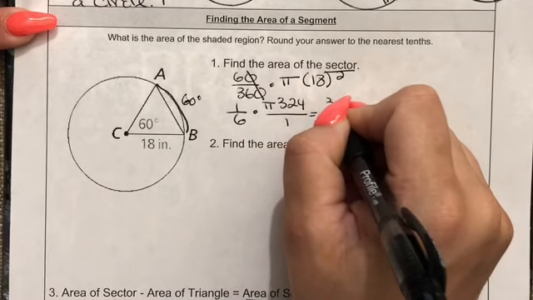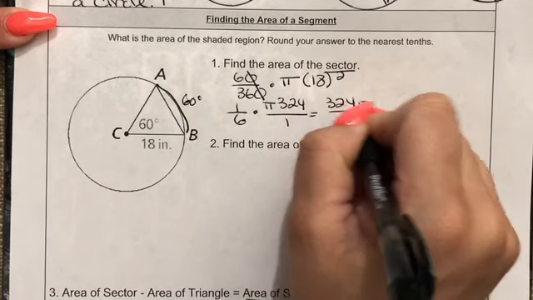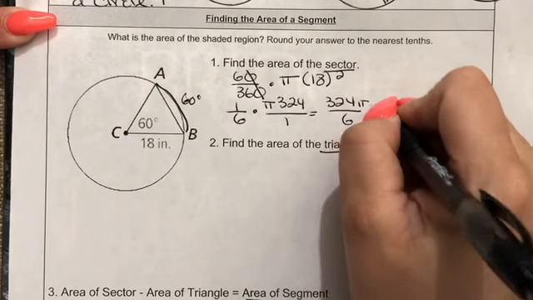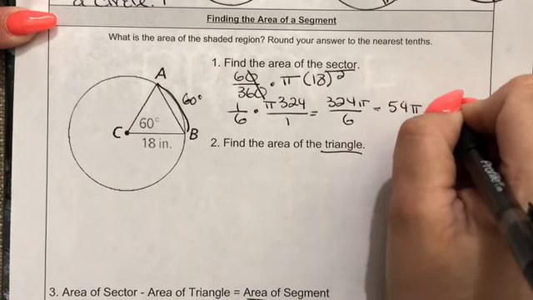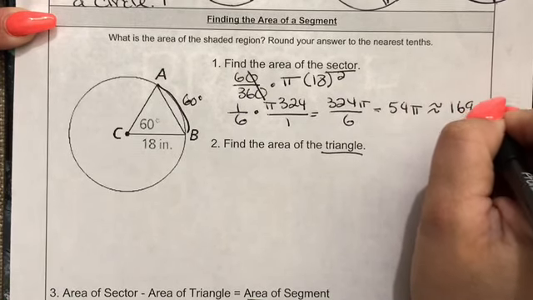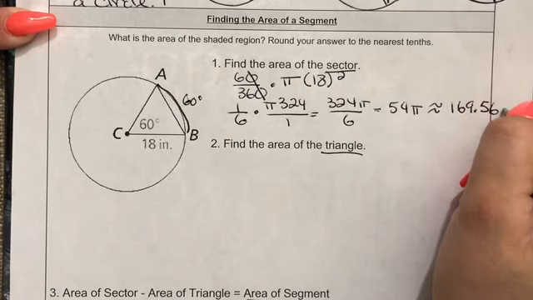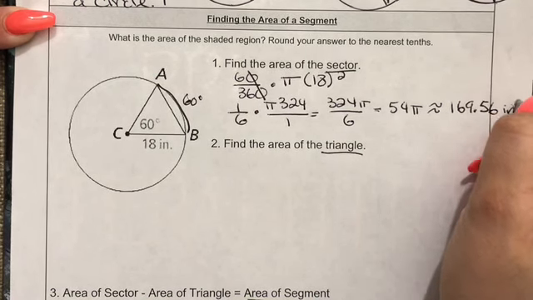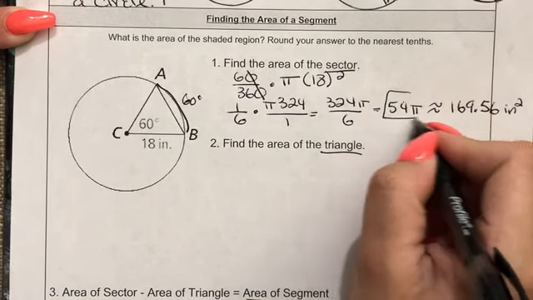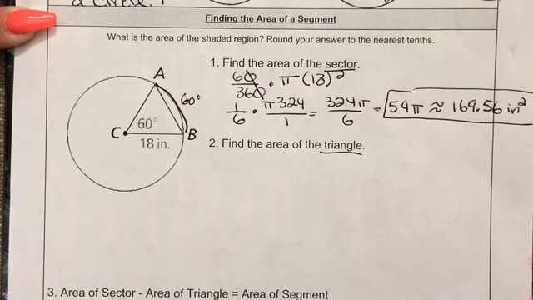So this ends up being 324 pi over 6, which simplifies down to 54 pi. And I can convert it to a decimal, which ends up being 169.56 inches squared. So again, either one of those would be acceptable.